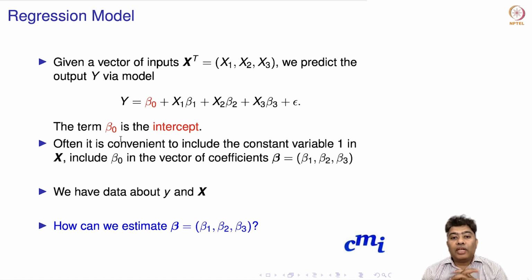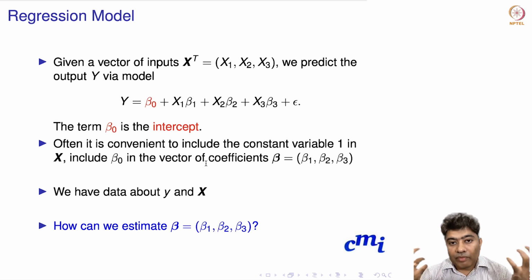Often it is convenient to include a constant variable in the X matrix so that beta naught is included in the vector of coefficients beta, which otherwise is only beta 1, beta 2, beta 3. So we have data about y and x, and we have a model. What we don't know is the value of these coefficients. So we want to estimate these parameters beta 1, beta 2, beta 3.